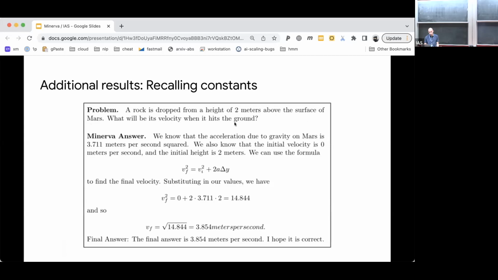What will be its velocity when it hits the ground? The model knows that the acceleration due to gravity on Mars is 3.711 meters per second squared, which I had to look up, but is correct. Then it uses conservation of energy to figure out the velocity, takes the square root, and calculates the square root somehow. And this is fairly accurate.